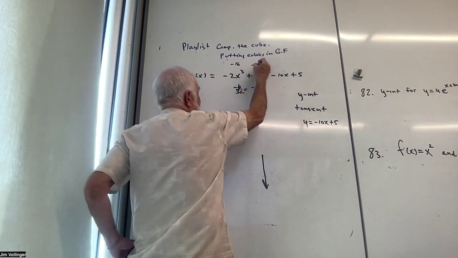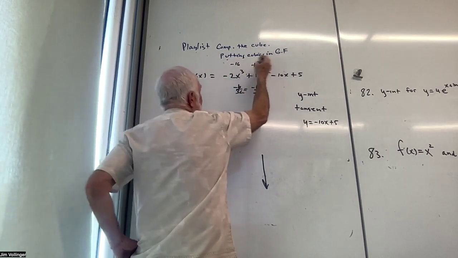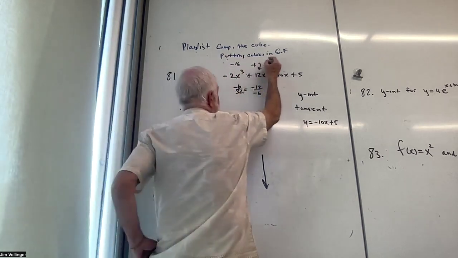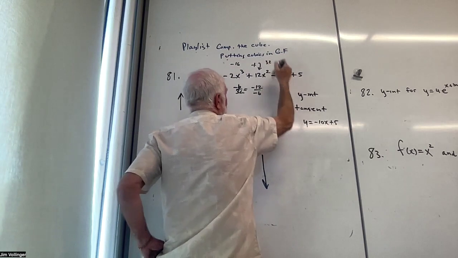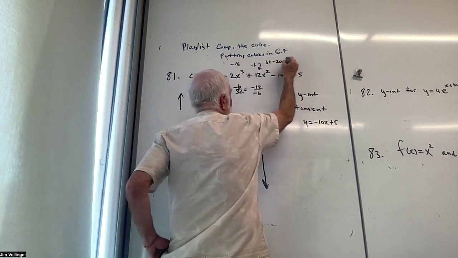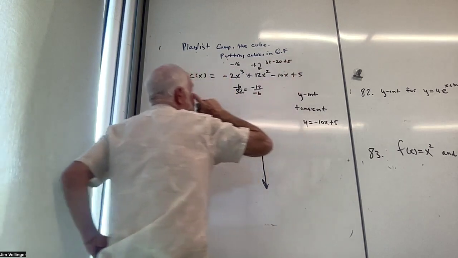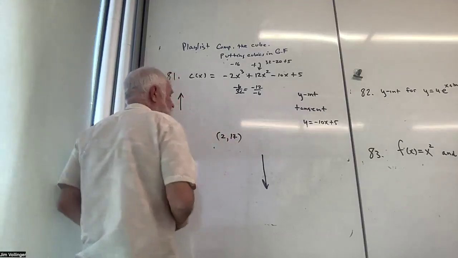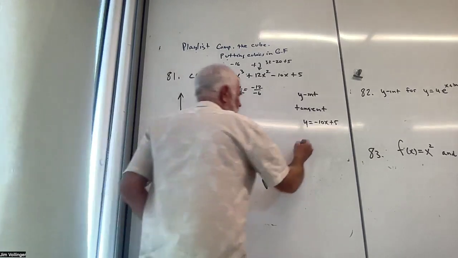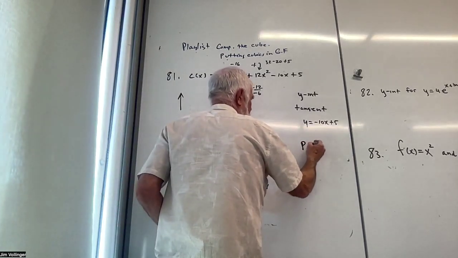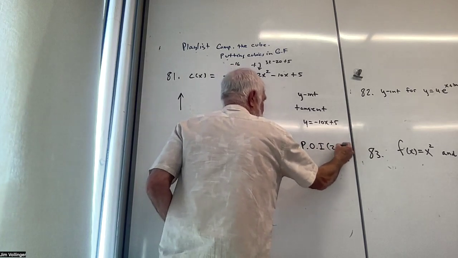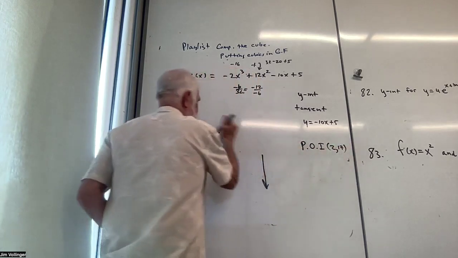When I add this term, I'm going to get twice that and change the sign, so 32 minus 20 plus 5, I do believe is 17. So that's where I'm at, 2 comma 17. How about I just do the point of inflection, POI? The point of inflection is 2, 17, and let's call that just this dot.